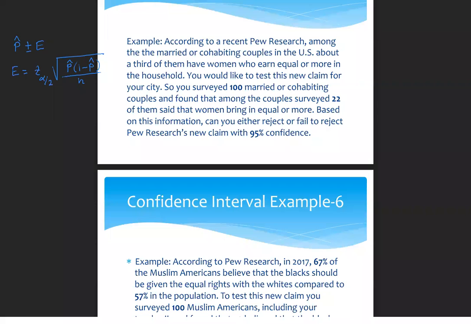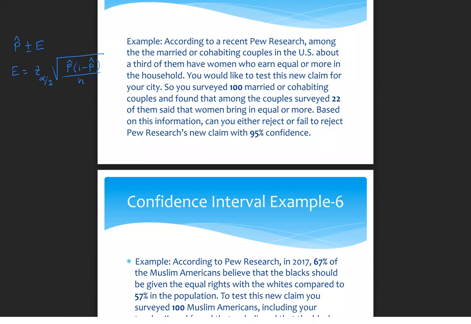That means the female spouse makes more than the male spouse. So 33%, or a third of them, women make more than or equal to men do.